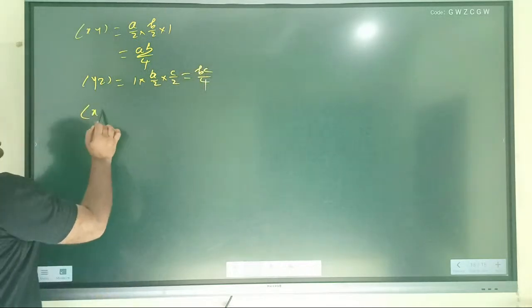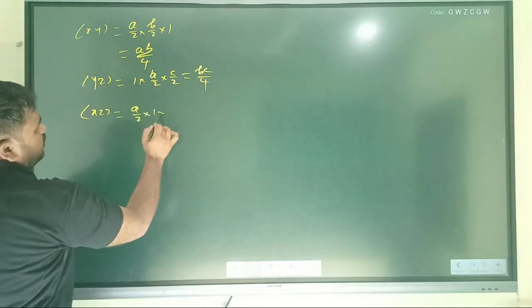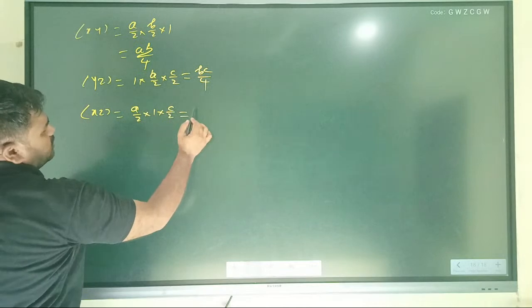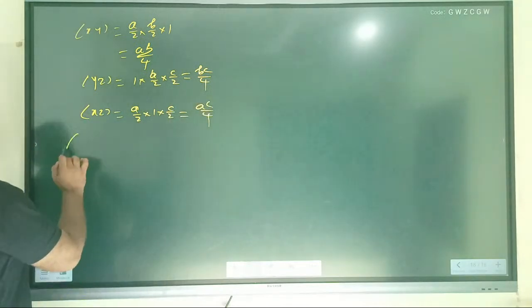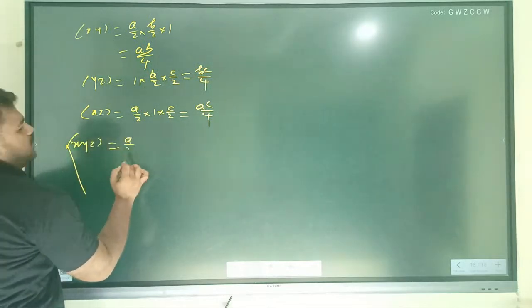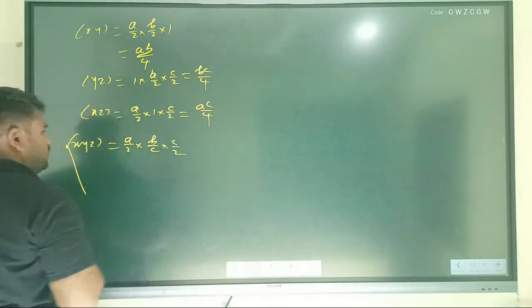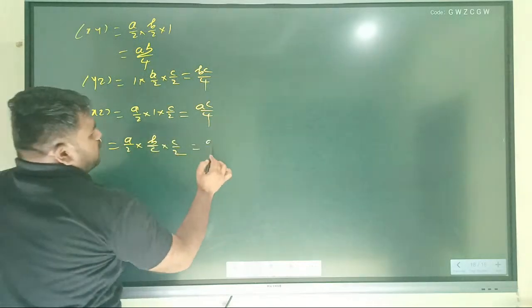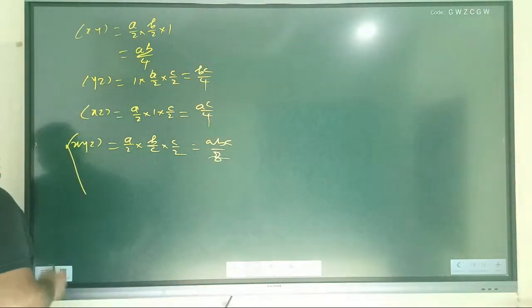Next, xz: a by 2 into 1 into c by 2 is equal to ac upon 4. Next, suppose the expectation of all three x, y, z is asked. Then we get a by 2 into b by 2 into c by 2. Clear? And this is equal to abc upon 8.